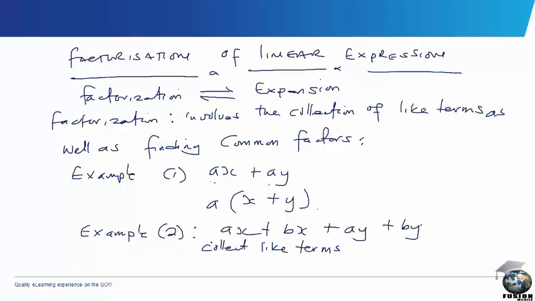You see that x is contained in ax and in bx too, so we can take like terms of x. Assuming we take like terms of x, ax plus bx, we put in a bracket, and then plus ay plus by, we put in a bracket too. So what would the outcome be? In the first bracket, x is common, and so we have x times a plus b, and then in the second bracket, y is common, and then we have y times a plus b.